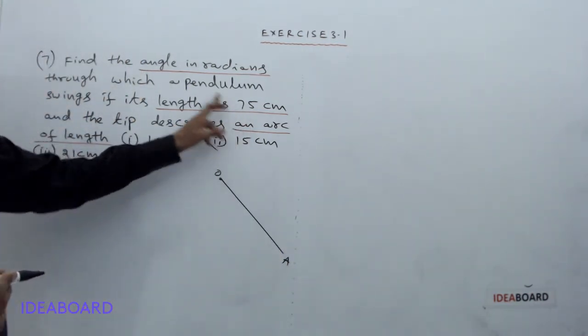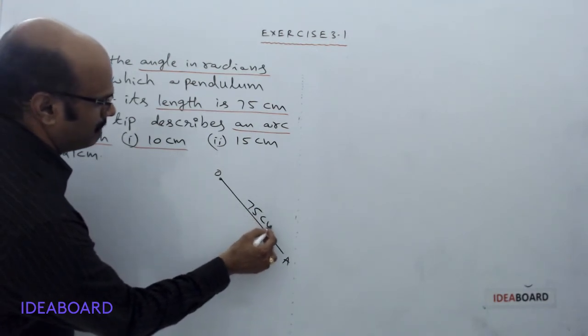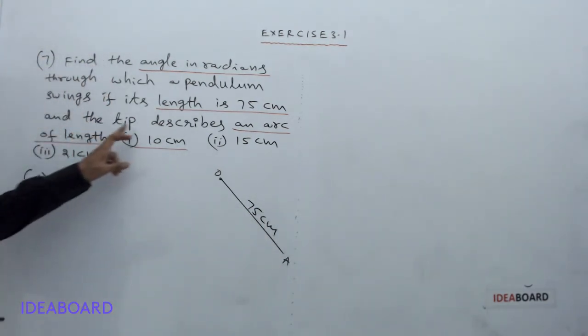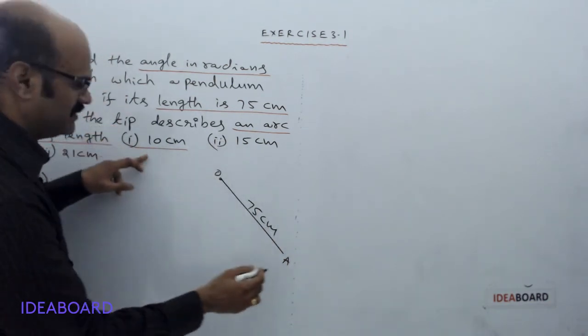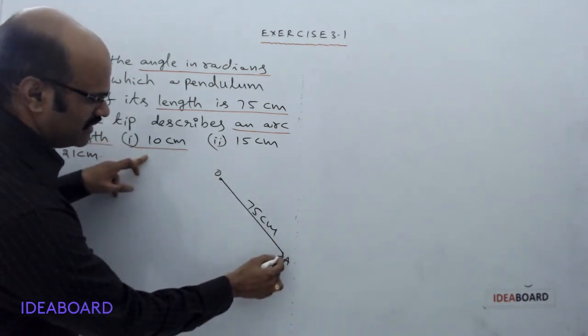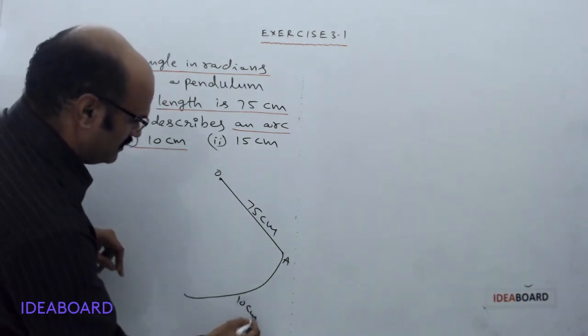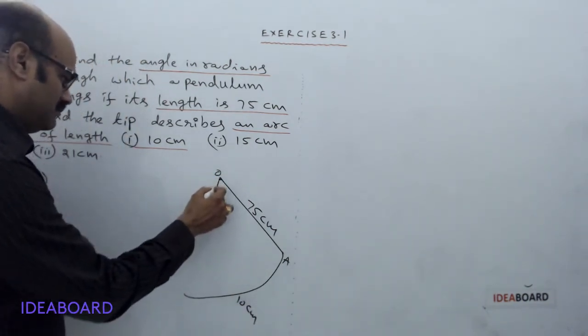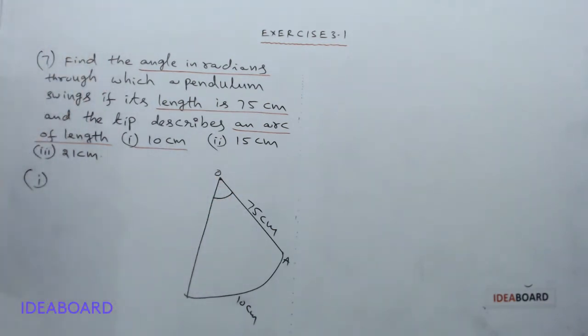The pendulum length is given by 75 centimeter. If the tip of this pendulum describes an arc of length 10 centimeter, then we have to find this angle in radians.